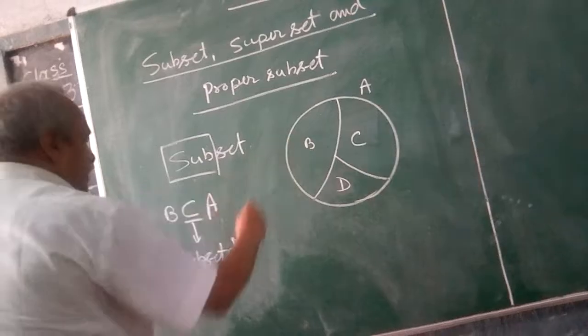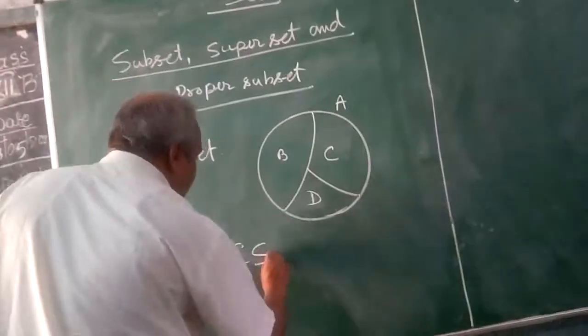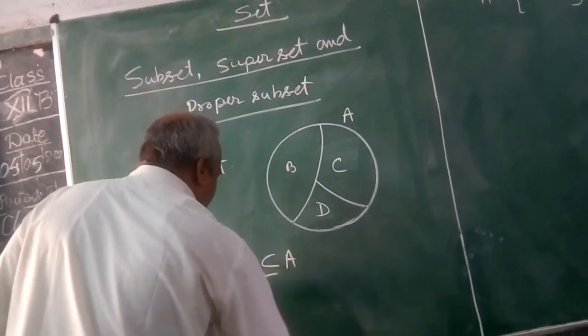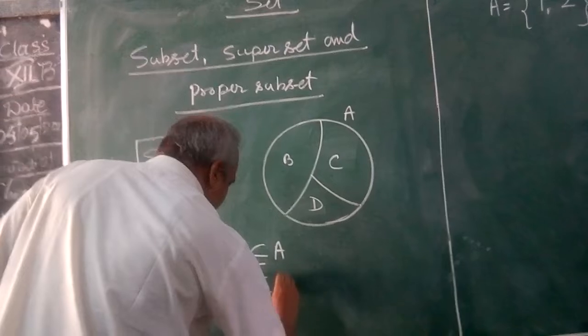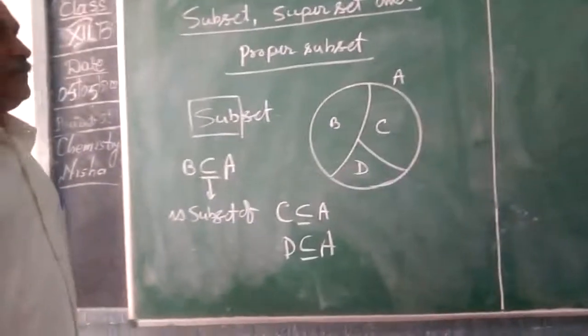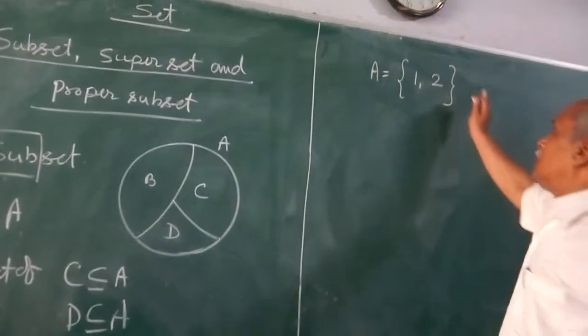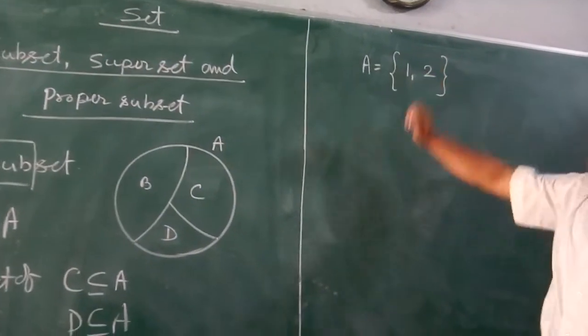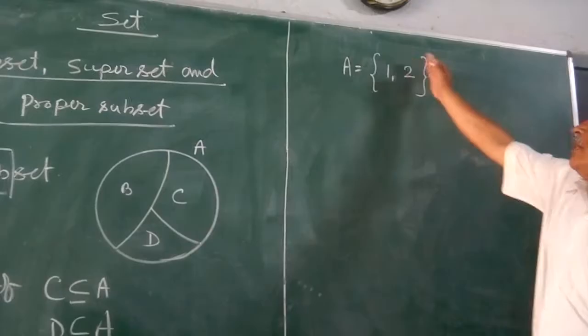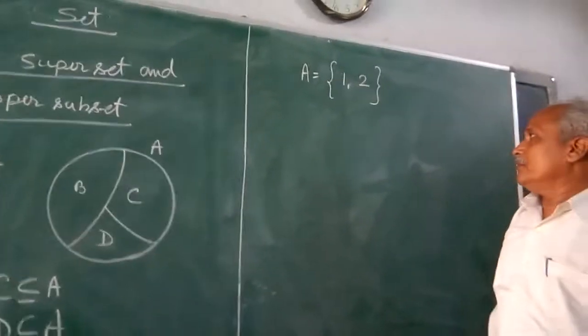Now, similarly, C is a subset of A. B is a subset of A. Okay? Now see here. Suppose I want to make different parts of this set.